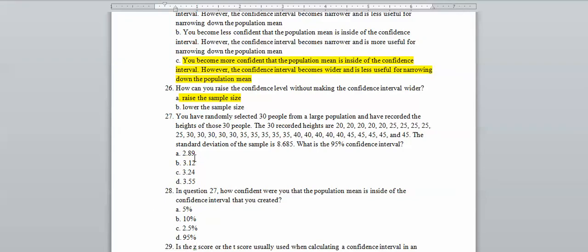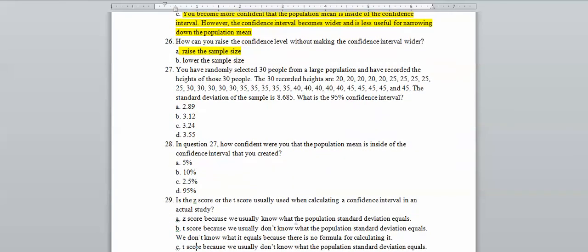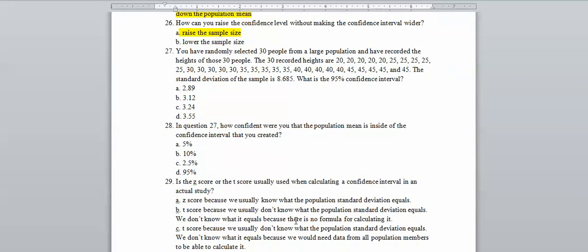I didn't give you correct choices in here, because I did this wrong by accident, so your answer will be one of these choices, something to something else. If you're creating a 95% confidence interval, you're 95% confident, the answer has to be D.